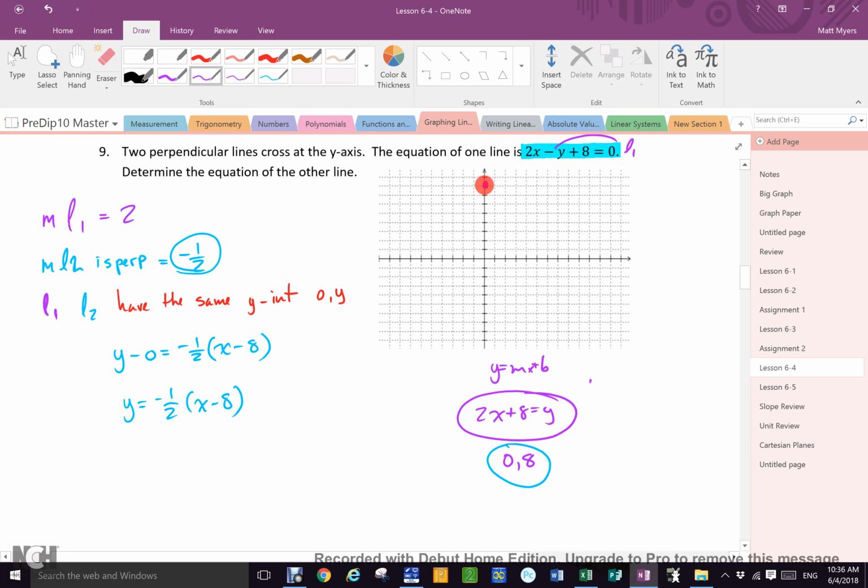So you reverse those points for the perpendicular line? Wait a second.